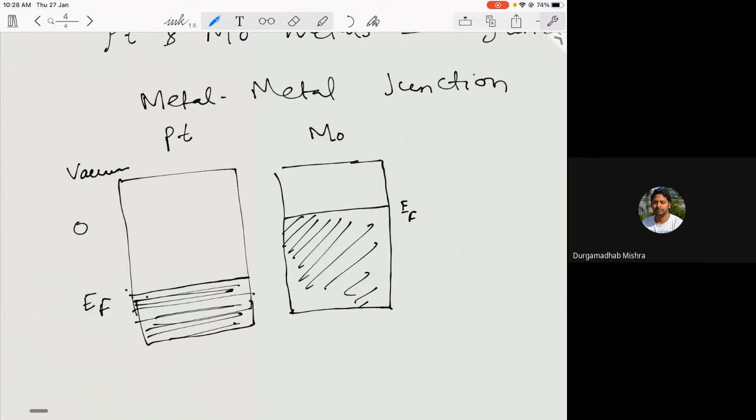That is your work function phi. This is your work function for Pt, and this is your work function for molybdenum. The work function of molybdenum is 4.2 electron volt, and phi Pt is about 5.36 electron volt.